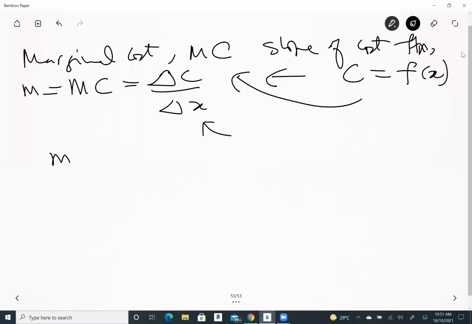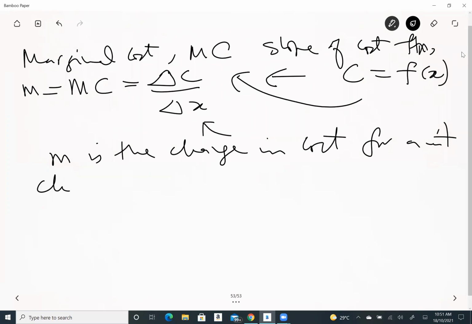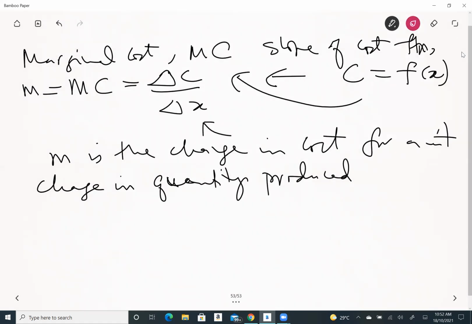So here, M is the change in cost, for a unit change in quantity produced. Because cost is produced. Revenue is what you sell. Right? So we go into more specific. We want to say a unit increase in X, in what we produce.